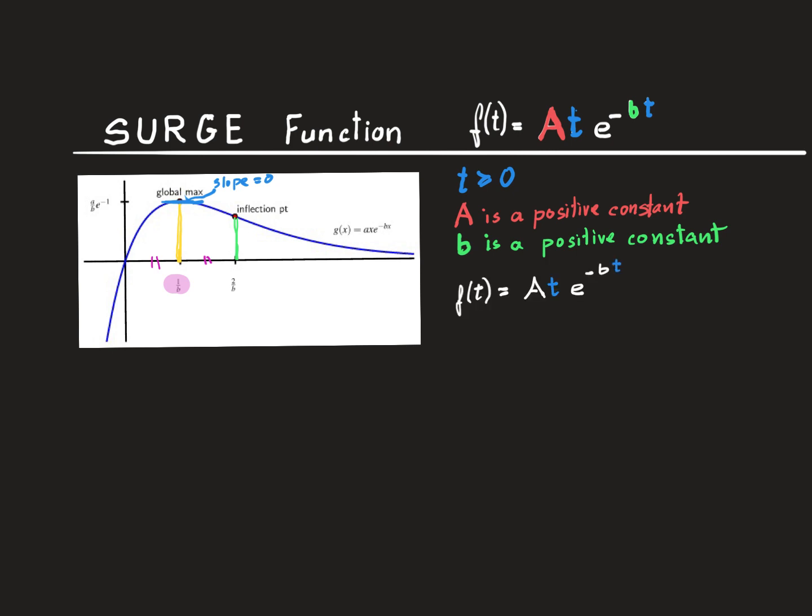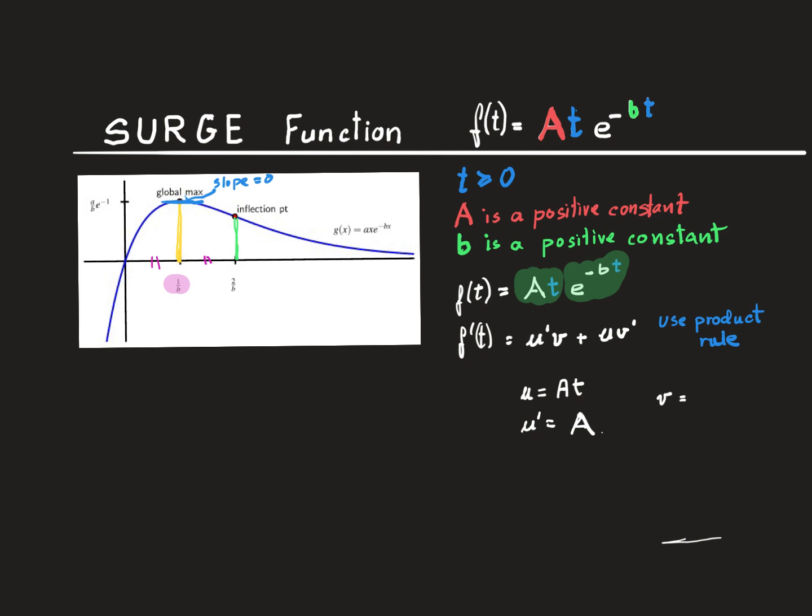As I said, because there are two t's in this function, we're going to have to divide them into two parts and use the product rule, where u is going to be at and u dash will be a, and v is going to be e to the minus bt, and v dash is e to the minus bt multiplied by negative b.